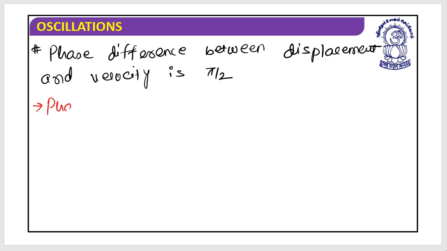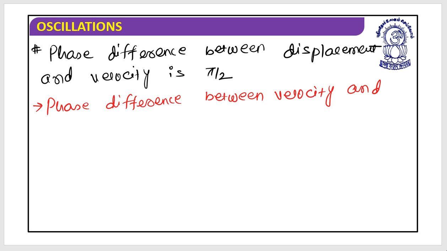The phase difference between velocity and acceleration is pi by 2.